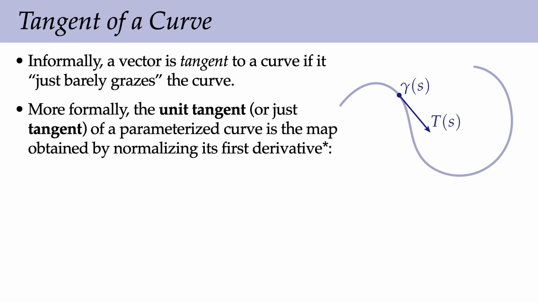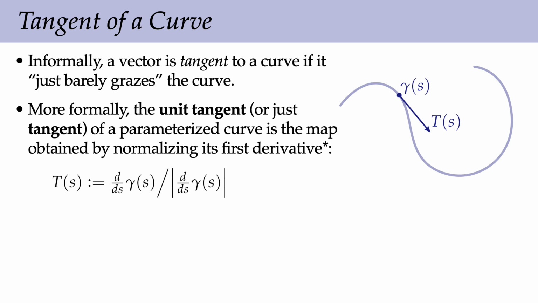Or more formally, the unit tangent is the map obtained by normalizing the first derivative of the curve. So we can write t of s at any point s along the curve. The unit tangent is the derivative of the curve with respect to its parameter s divided by the norm of that derivative. Okay. What is the difference between the tangent and the differential?